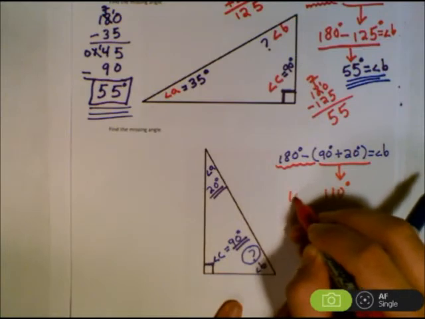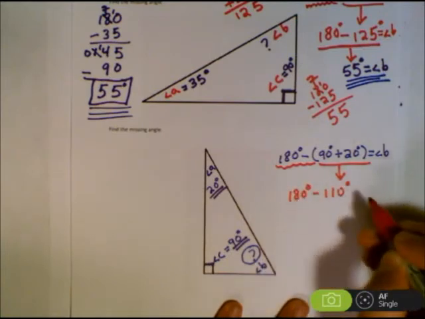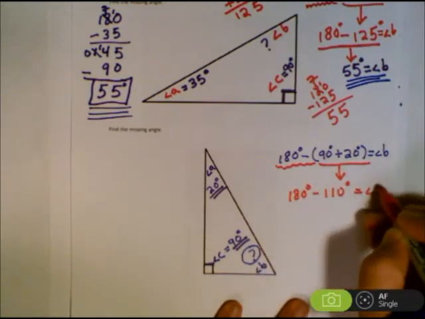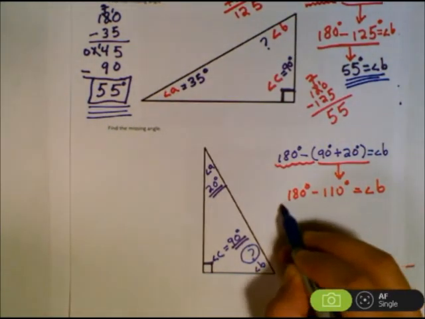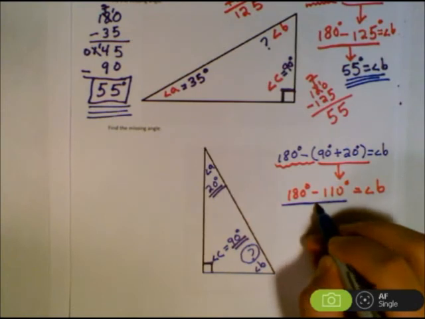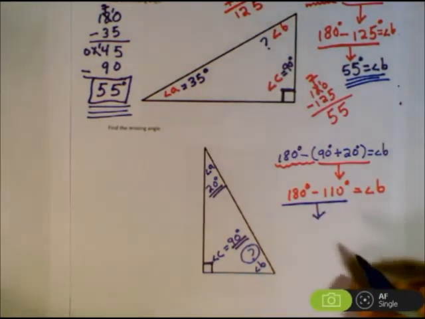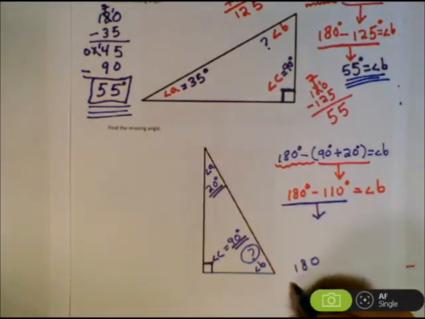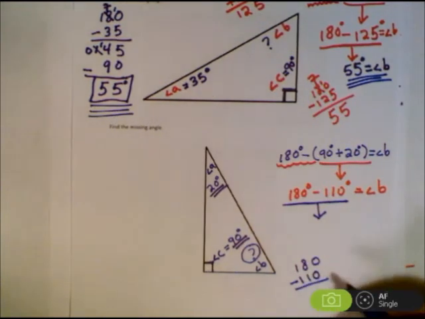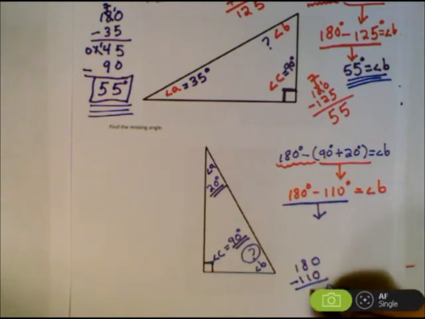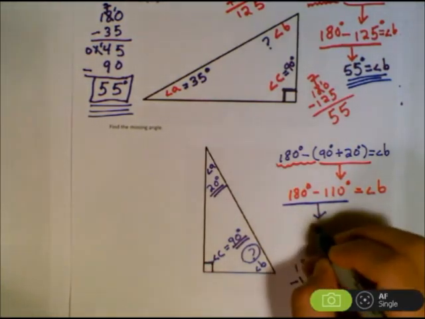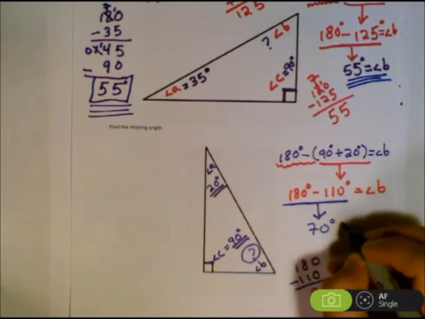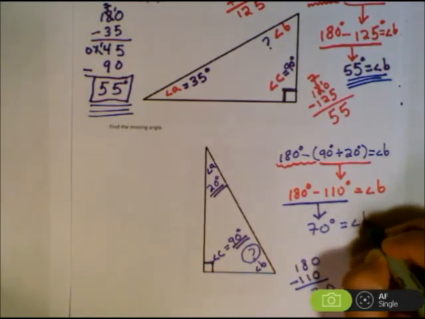So we're just going to put 180 degrees minus 110, and that will give us angle B. So 180 minus 110. Let's work that out on the side. Zero minus 0 is 0. 8 minus 1 is 7. 1 minus 1 is 0. So then we're left with 70 degrees, and that will give us angle B.